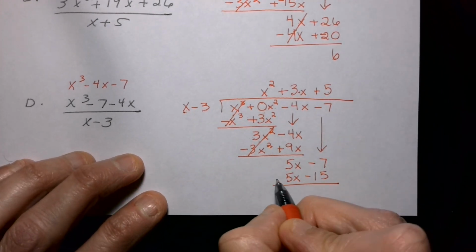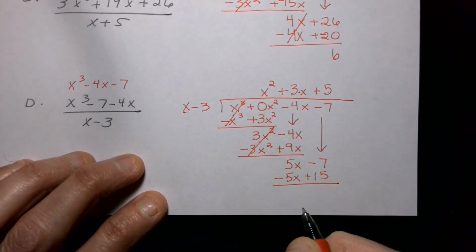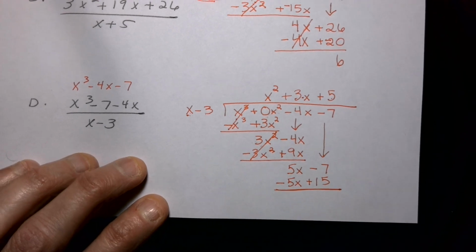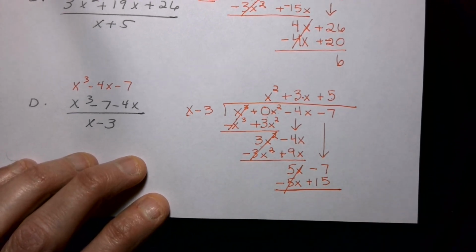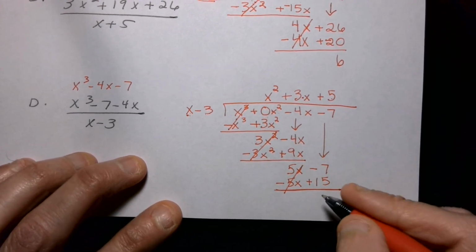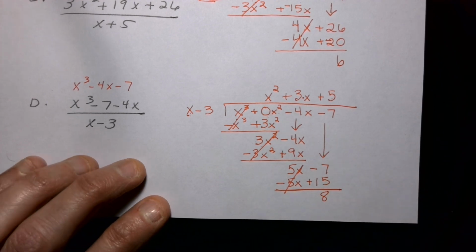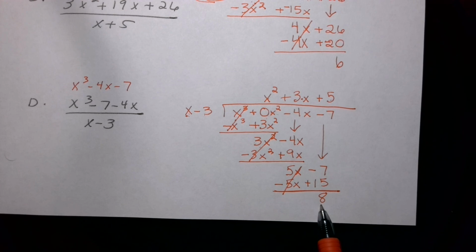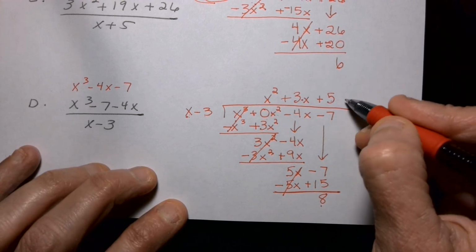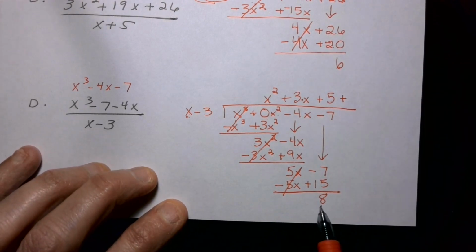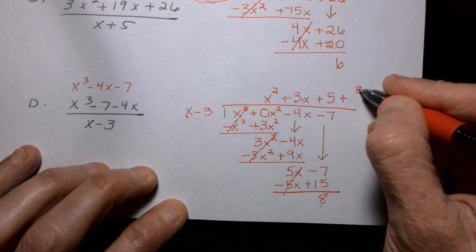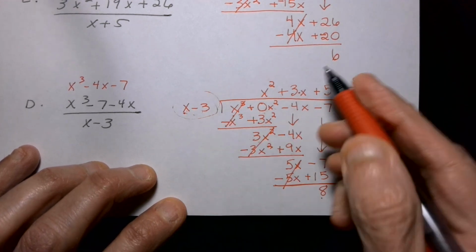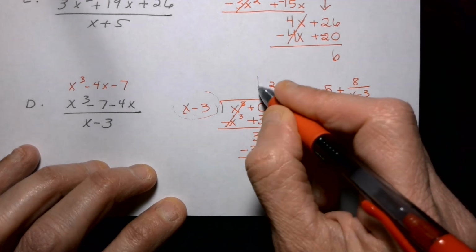I'm out of order. Change your signs. Draw your line. Add down. Negative 7 plus 15 is 8. I have filled all my places. I have a remainder. What do I do with that? I go up here and do plus, because it's a plus, 8 over x minus 3.